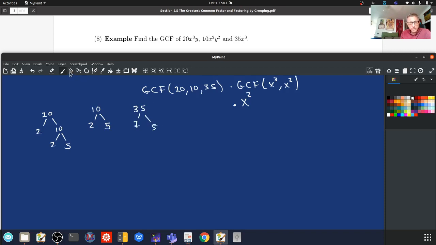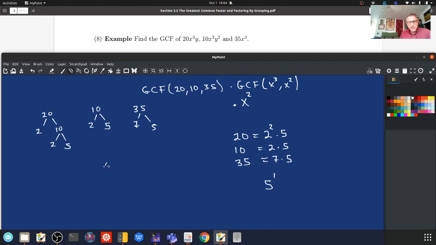So again, we're just scribbling this out. Let's do this both ways. So 20 is equal to 2 squared times 5. 10 is equal to 2 times 5. Since 10 is a factor of 20, I can really just consider 10 and 35. Let's go ahead and do the whole thing. 35 is 7 times 5. Wow, the only common factor that they all have is 5, and that's raised to the first power.